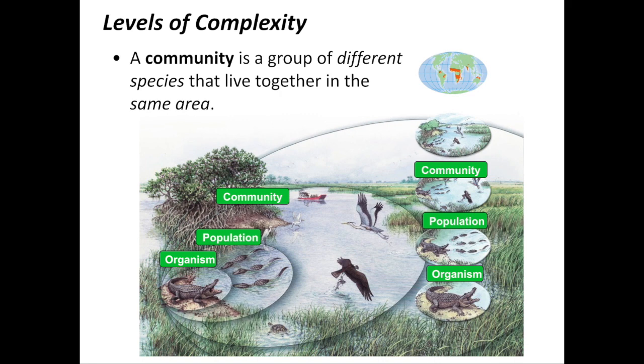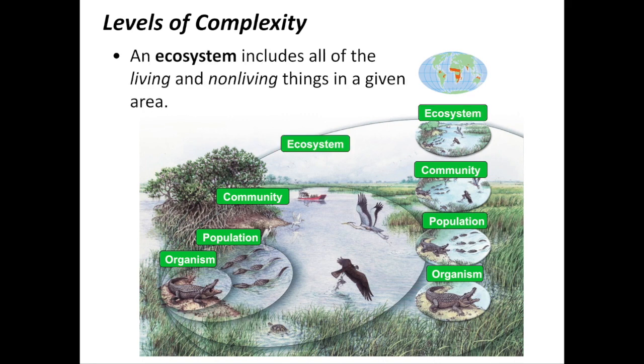So the community has all of the living things in that area. And then we could look up even further and say, well, okay, then we'll talk about the ecosystem. And you hear that word a lot as we're talking about conservation and taking care of nature. When we say ecosystem, we're looking at the living things and the non-living things.